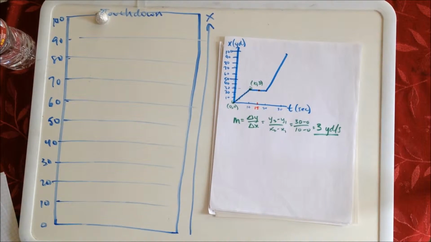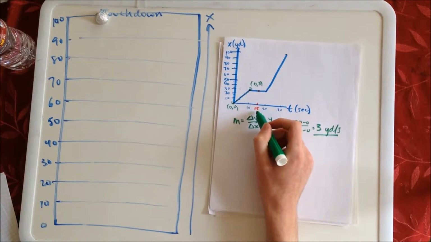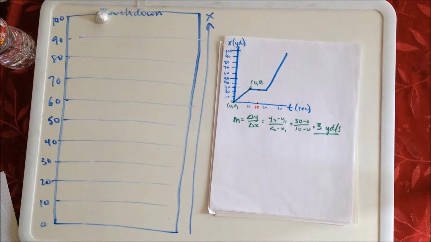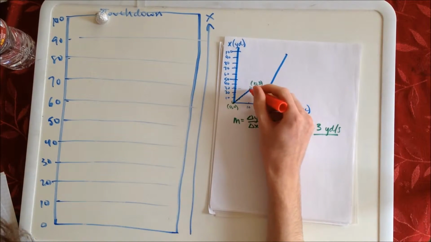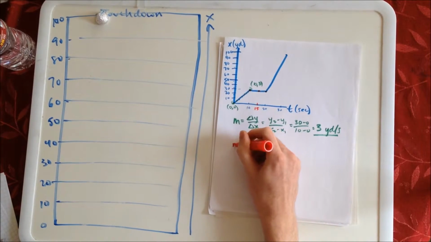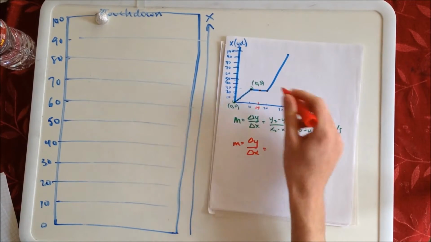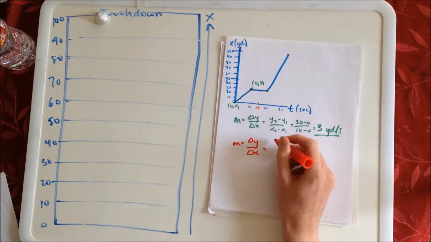Okay, if I just asked you now, how fast is the robot moving at 15 seconds, you could probably say, well, what I would do is the same process, except I'd use these 2 points. So m equals delta y over delta x, which equals... I'm not going to write that again.